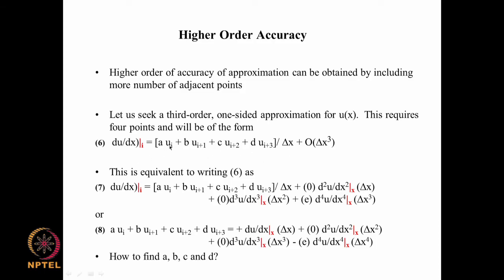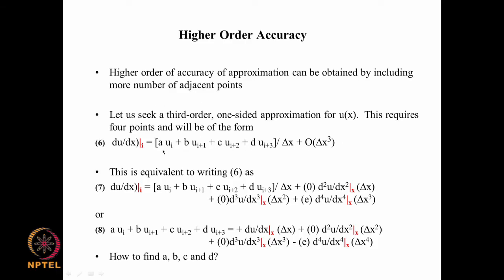So that is u i, u i plus 1, u i plus 2, u i plus 3, and these are all multiplied by certain real coefficients a, b, c, d, and this whole thing is divided by delta x, and this whole formula is third order accurate, and therefore we can write dou u by dou x at i in this particular way.